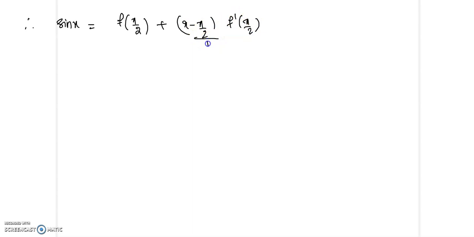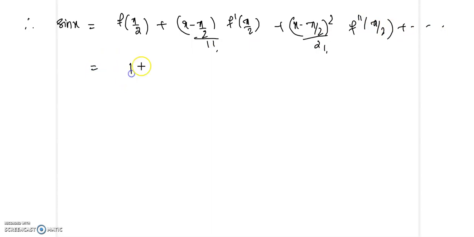So therefore sin x will be equal to f of pi by 2 plus x minus pi by 2 into f dash of pi by 2 by 1 factorial plus x minus pi by 2 whole square by 2 factorial f double dash of pi by 2.